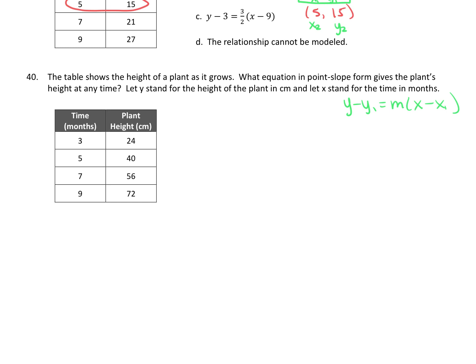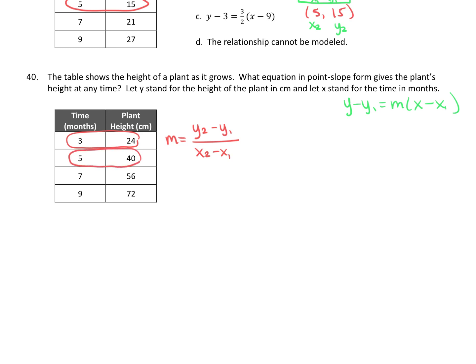So our slope formula, if you have two ordered pairs, is y2 minus y1 over x2 minus x1. We just need two ordered pairs, and they gave us 4 ordered pairs. So just pick your two favorite. I just tend to pick the two with the smallest.